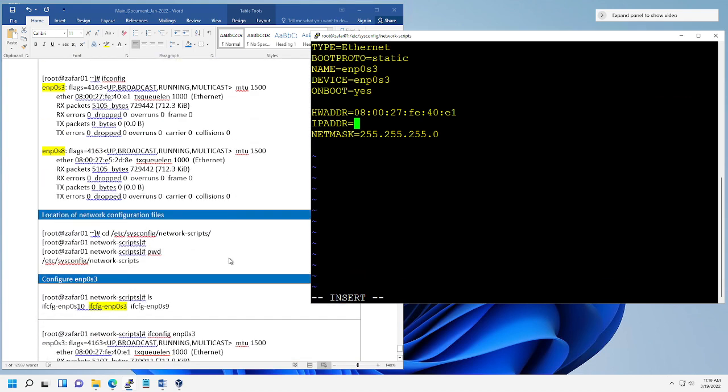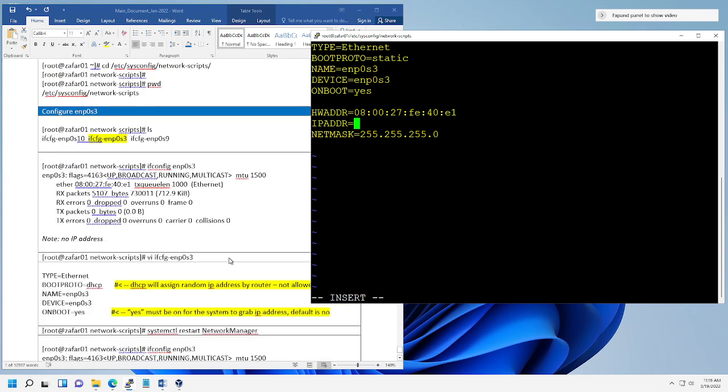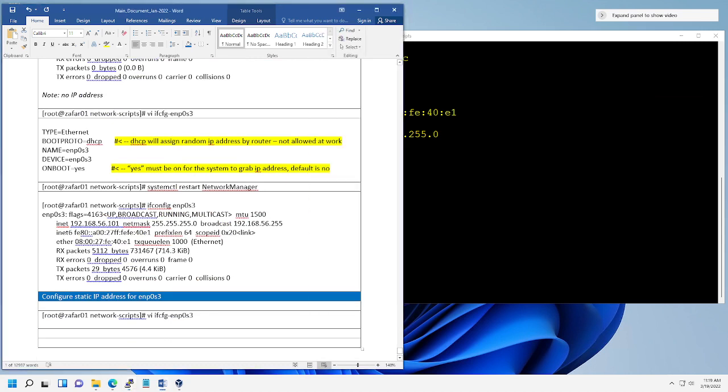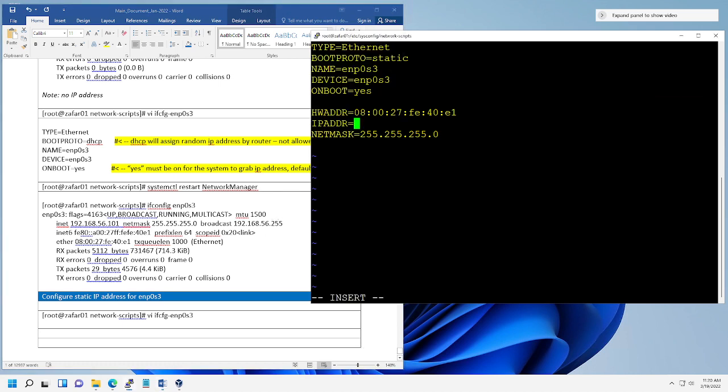It has to be in the same range, 192.168.56, and the last part can be anywhere between 0 and 255. The last one, 255, is already taken, so I'm going to go with 250.